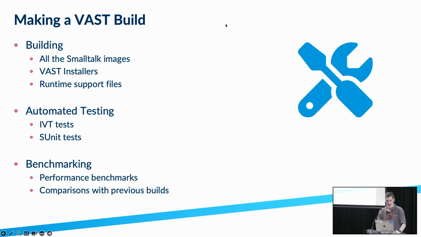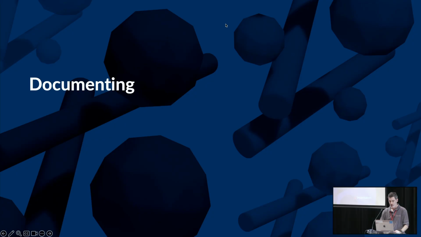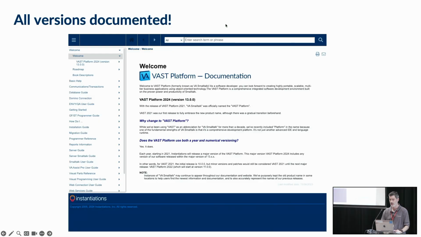Okay? Then about documentation, and we are getting to the end here. Something which I think is nice is that we have all of the VAST versions documented. So let's say you take VAST 8.6.3, you will find the documentation for 8.6.3.